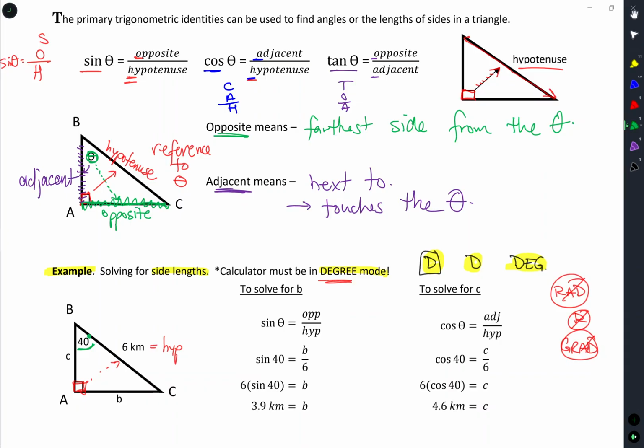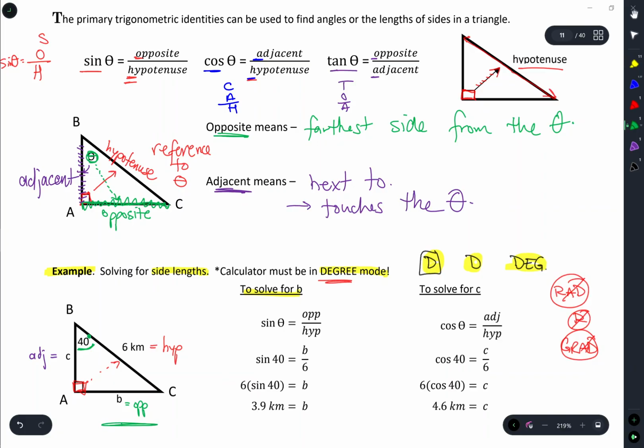And I should put a little degree symbol in there. I just wonder if it's missing from the triangle. In any case, that's going to make side B here the opposite. And then we've only got one other side left, the adjacent side, that's side C. So we've got a bunch of labels down. Now, what we have on the right here is just the opportunity to solve for side B.